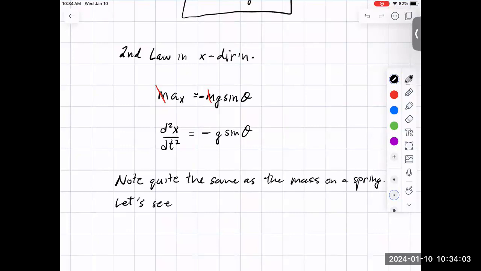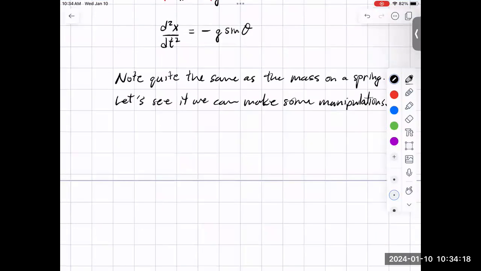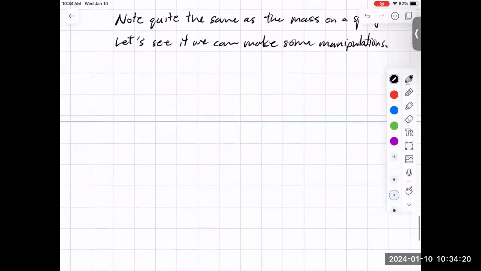Let's see if we can make some manipulations. Okay, so to do that, we're going to have to take a little detour. So this little aside here is going to be so that we can remember some things about rotational motion.